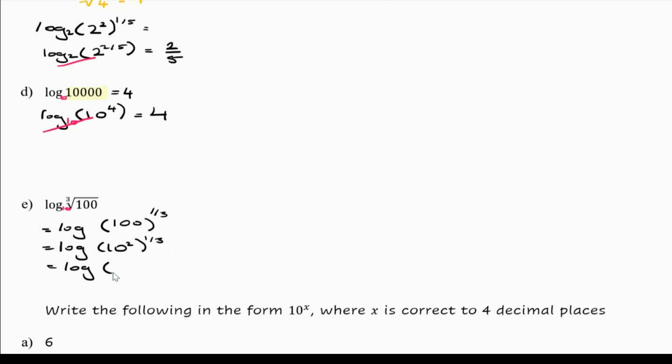And then this is log of 10 to the power of 2/3. And again, we know that there is a base 10 implied here. So because of that, we can cancel this out. And I'm going to get a final answer of 2/3. So this here is just equal to 2/3.